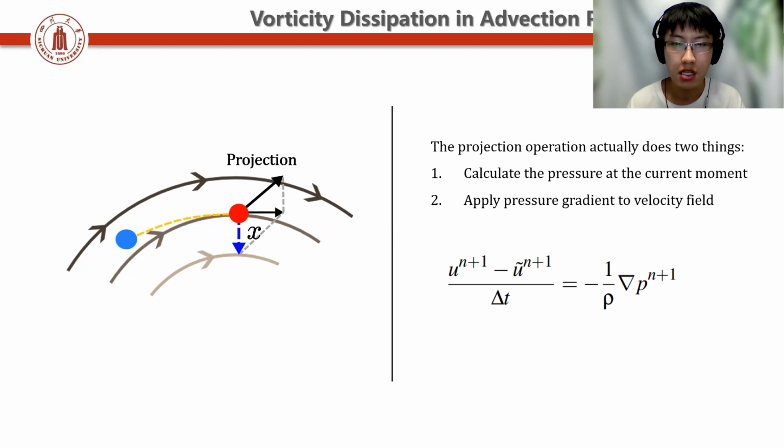One of the most common choices is the midpoint method. That is, the pressure gradient at time n+1 in the formula is replaced by the pressure gradient at time n+half. For the schematic diagram, the idea is to find the pressure gradient at the midpoint of the characteristic line or trajectory line, and use it to estimate the pressure gradient over the whole time step.